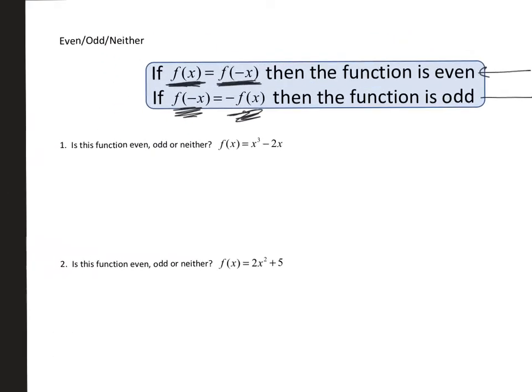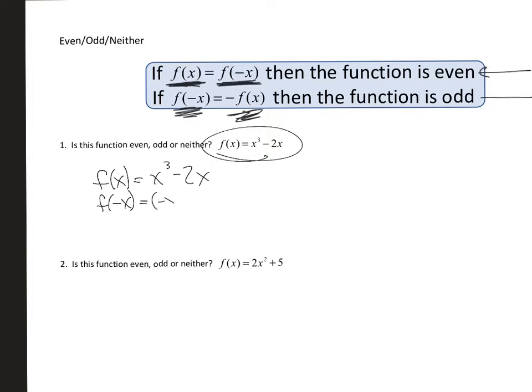Okay, so let's move this up and figure out whether this function here is even, odd, or neither. So here's my original. Again, I suppose you don't need to write the original one down. But let's figure out what it looks like when I evaluate it at negative x. You always have to check for even first.